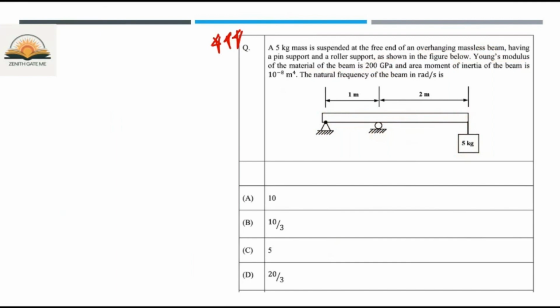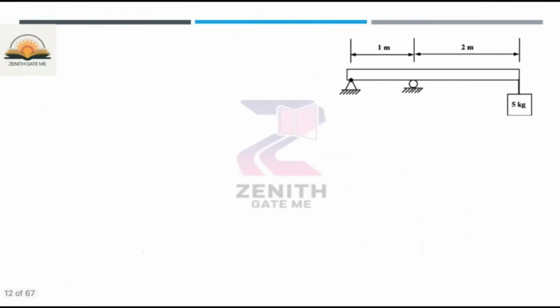First of all, you have to calculate the reaction. There will be one reaction here. Let us suppose this is point A, this is B, and this is C. This is RA, and this will be RB. For solving this problem you have to calculate the deflection, and for that you need the strain energy expression.